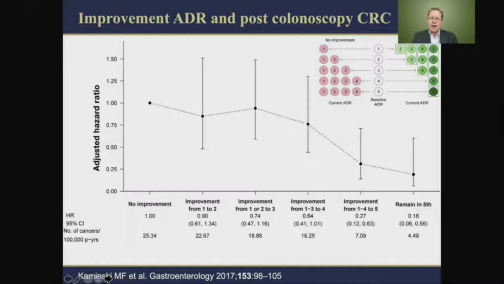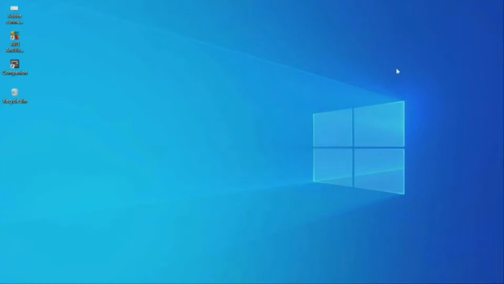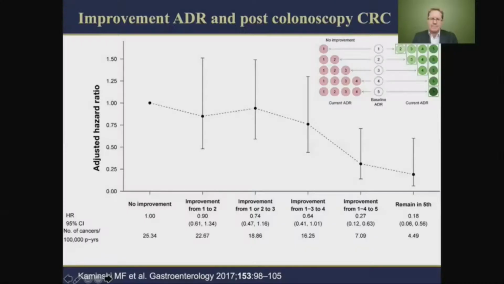So this is quite powerful data, suggesting that by changing the adenoma detection rate, at least as they did here with support and feedback, we can improve the post-colonoscopy colorectal cancer rate.